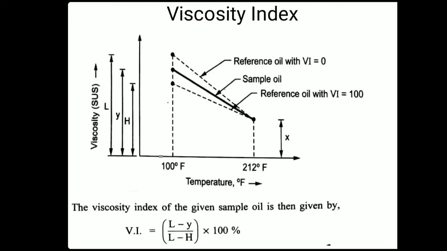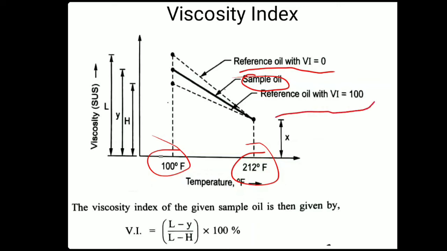You can see 100 degree and 212 degree Fahrenheit temperatures have been taken, and there are three lines. I will explain one by one. The first line is the reference oil having viscosity index 0. Then the sample oil, which we use for our purpose, like bike servicing or machinery such as centrifugal pumps. And the last line indicates the reference oil having viscosity index 100.